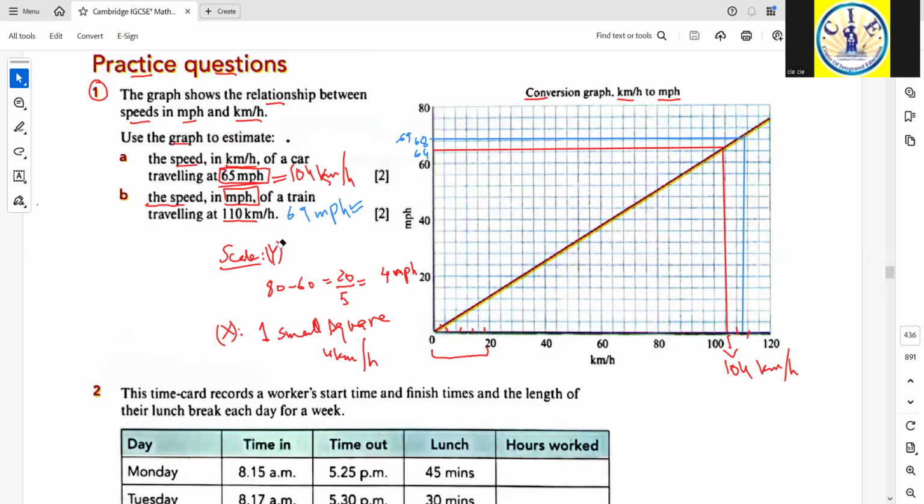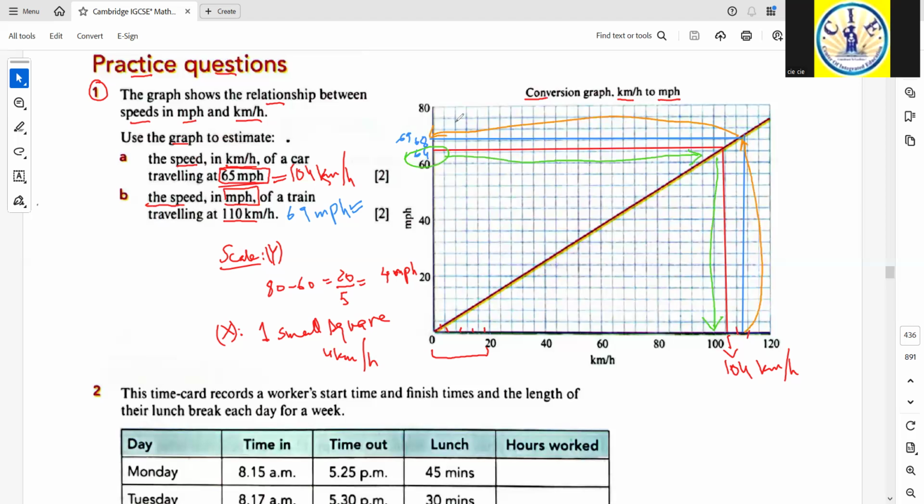So this is how we see the conversion graphs. Given a value on the y-axis, you need to trace it to the line, and then you need to see the value on the x-axis. And vice versa, given a value on the x-axis, you need to trace it to the given curve, and then you need to see its corresponding value on the y-axis.